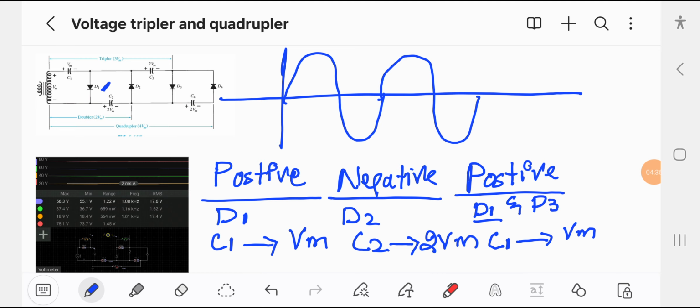As we can see, during the negative pulse, capacitor C2 is charged up to 2 Vm. So this capacitor will charge capacitor C3 up to 2 Vm.